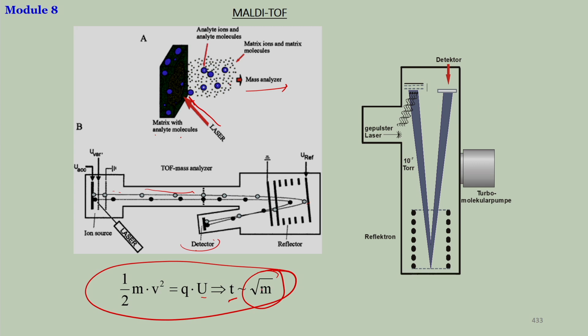So, time is proportional to the root of mass. This is the equation for MALDI-TOF, time of flight.